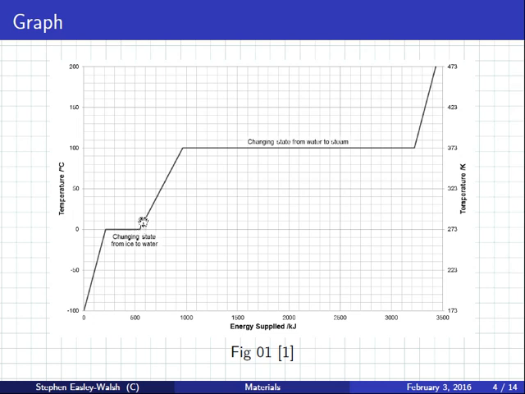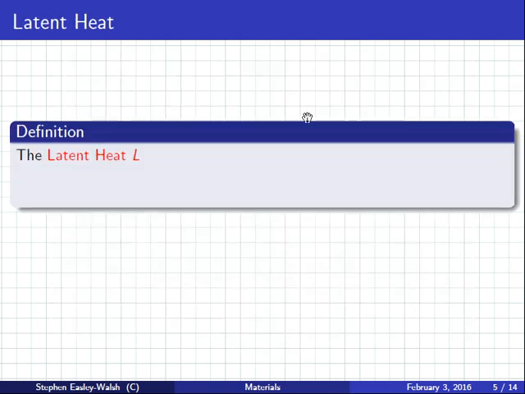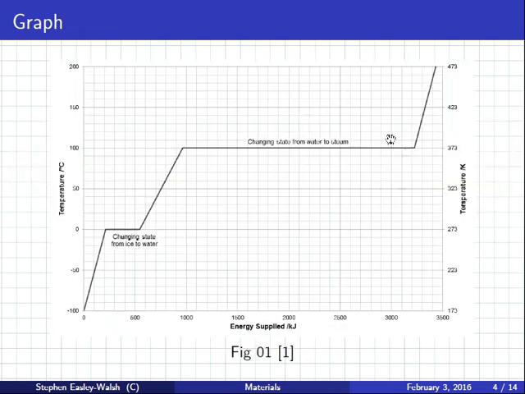After a while, the temperature will increase again until one point is reached where you continue to put heat in, but it's not increasing in temperature. It's staying the same, and then eventually it will increase in temperature again. So you can see that there are two locations on the graph where the temperature doesn't increase.